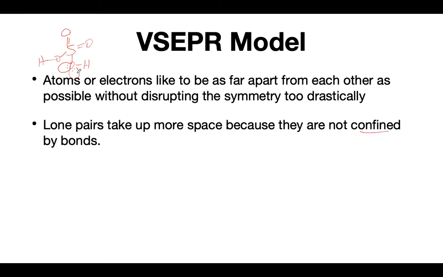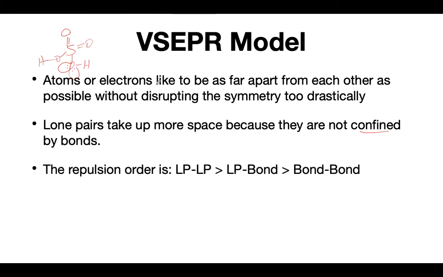So in this case, they are more polarizable, or they are loosely held by this oxygen atom. They will occupy more space than the bonding pairs. Because of that, the repulsion between the non-bonding pairs will be bigger than the repulsion between a non-bonding pair and a bonding pair, and that will be bigger than the repulsion between bonding pairs.